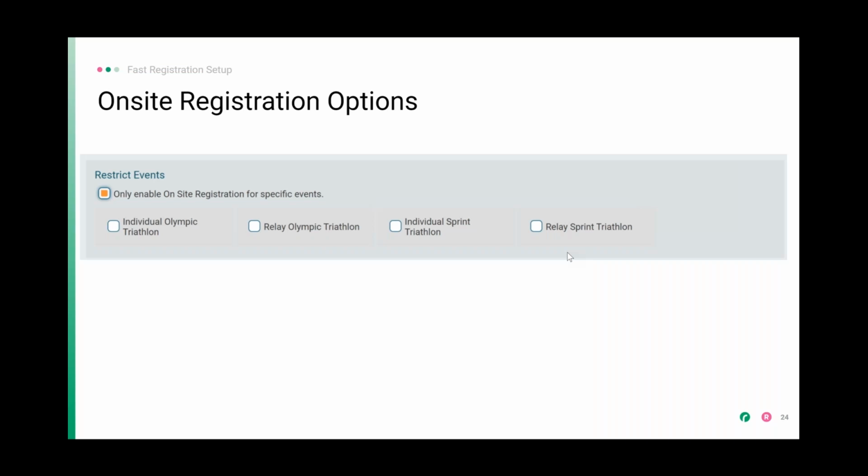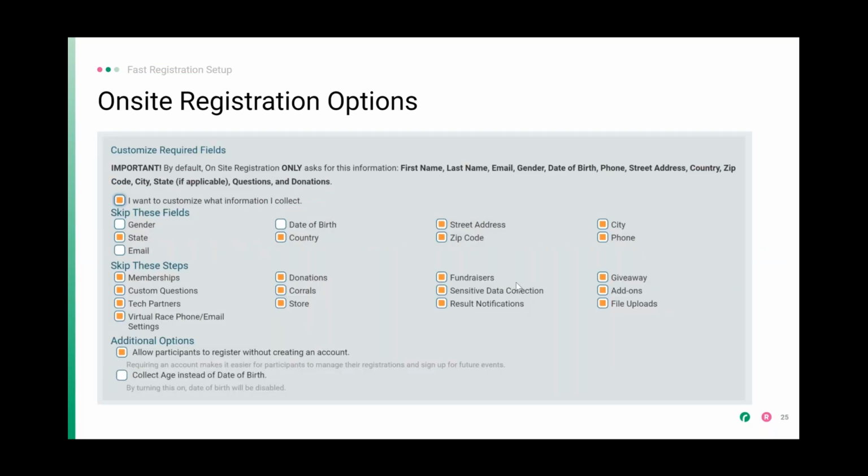So you need them to go through the RTAV process, and you need them to sign all the waivers, etc. And so then you enable on-site registration for only the running events. For the running events, you don't need that much stuff. You're getting that waiver signed, but you don't need them to go through the RTAV. So you might only click specific events here. It's really nice for parsing things out as needed.